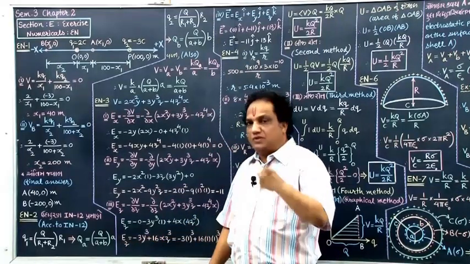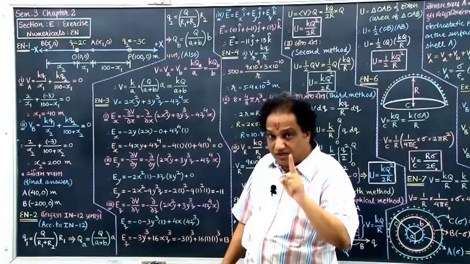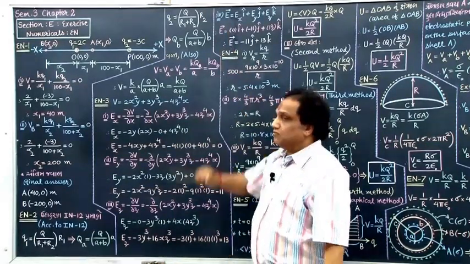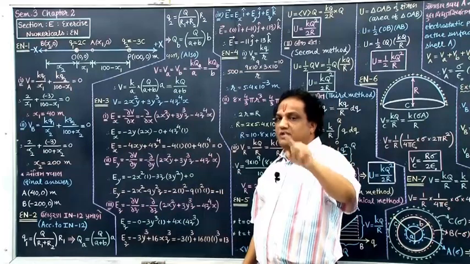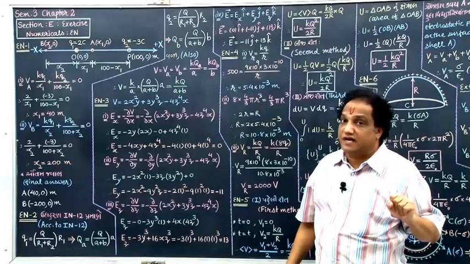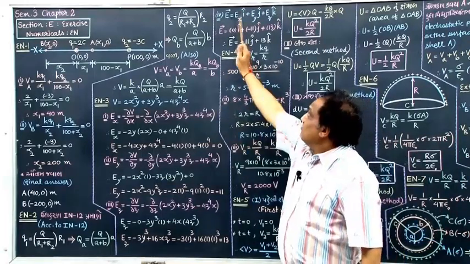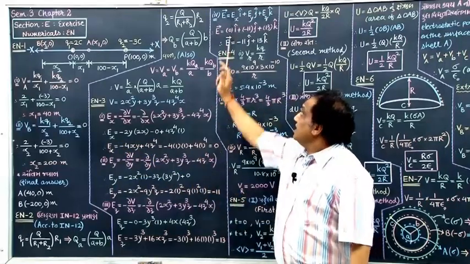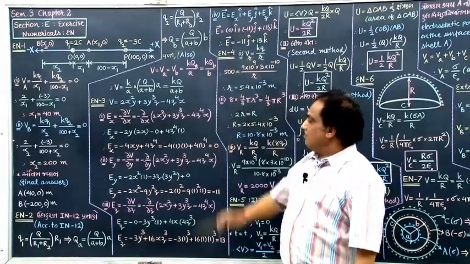Now, don't you know the representation of a vector in 3 dimensions? For the electric field vector, you can write vector E equals, as you studied in 11th standard, Ex i hat plus Ey j hat plus Ez k hat, correct? What is the Ex value right now? Ex value is 0. What about Ey?